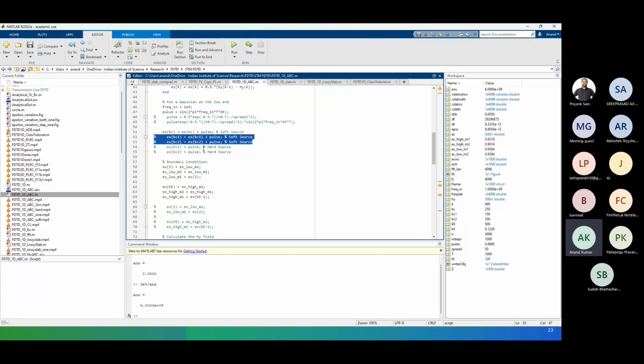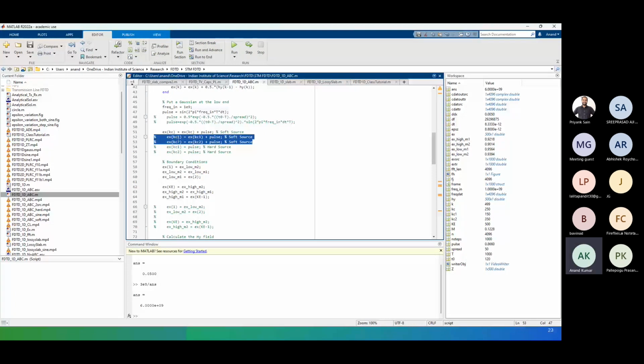So we choose two points, KC1 and KC2, which we define as KC minus 100 and KC plus 100. And we have defined the pulse as either a sine or a Gaussian pulse.